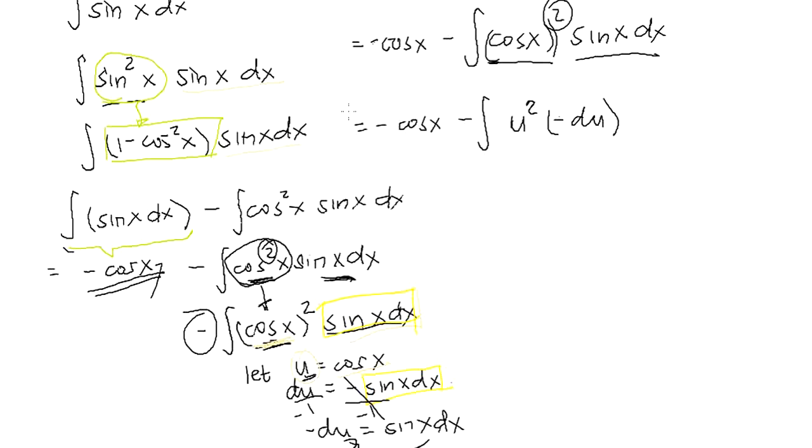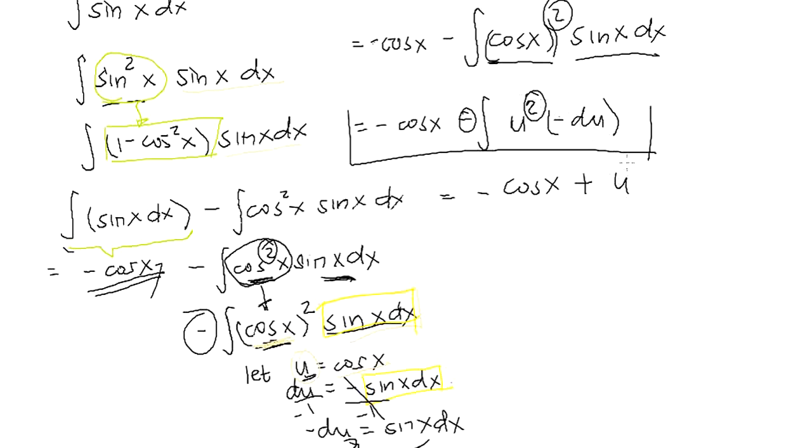Okay, so from here, notice we can easily integrate this using power formula. So we have negative cosine x, negative times negative is just positive, u, 2 plus 1 is just 3, all over 3 plus c.